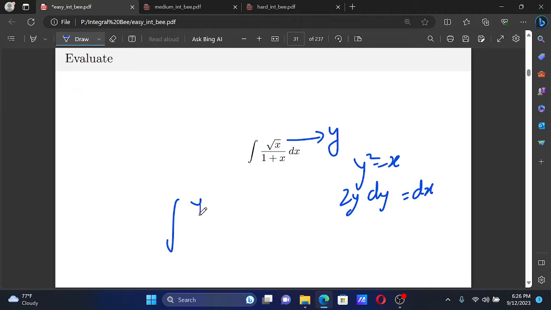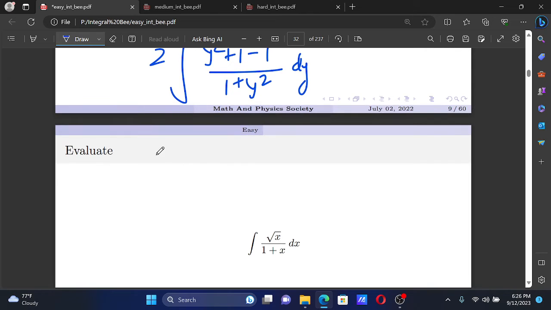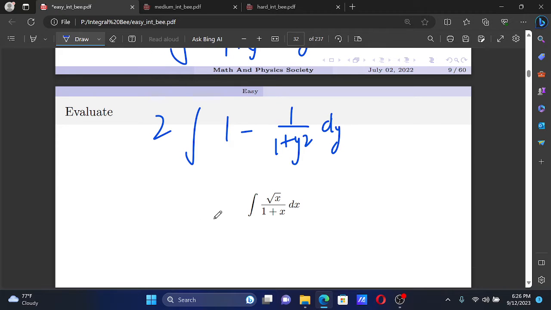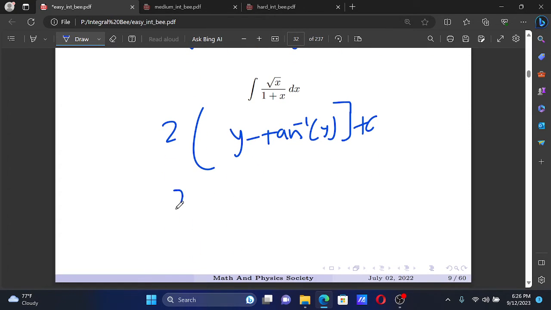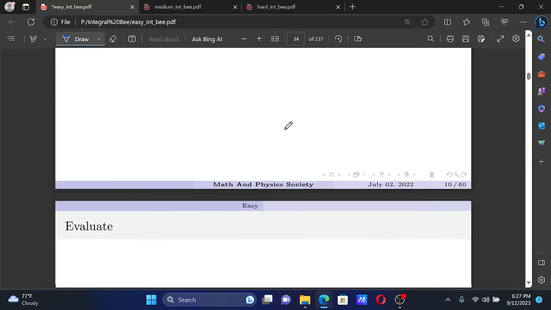Now we have 2y dy by 1 plus y square, and then we can take 2 out, and write it as y square plus 1 minus 1 by 1 plus y square dy, and this will be 2 times the integral of 1 minus 1 by 1 plus y square dy, so that's y minus tan inverse y plus c, and y is root x, so that's 2 times root x minus tan inverse root x plus c. So this is the answer. You can check. Let's go to the next one.